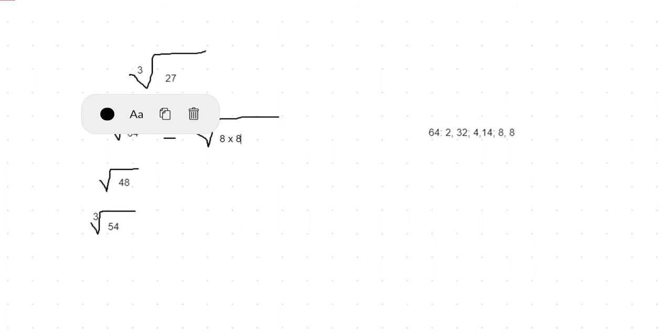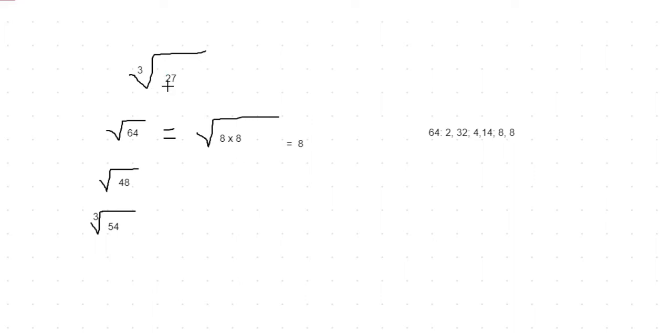Then I can pull out a number that groups in twice, something that multiplies by itself twice, and that goes on the outside of the radical. Anything that's left over stays on the inside. However, since there's nothing left over, 8 times 8 is 64, that makes the square root of 64 equal to 8.